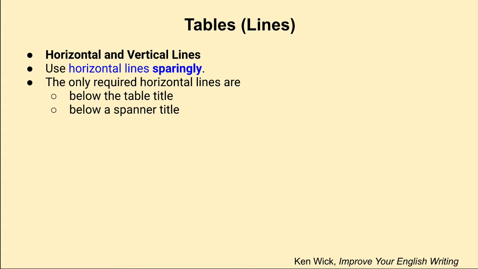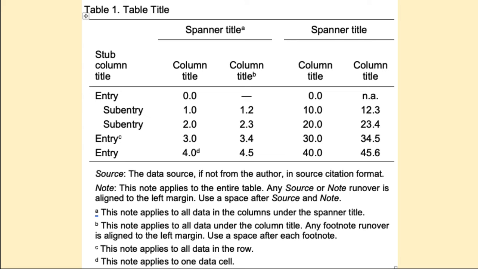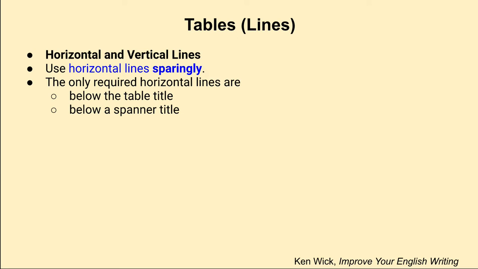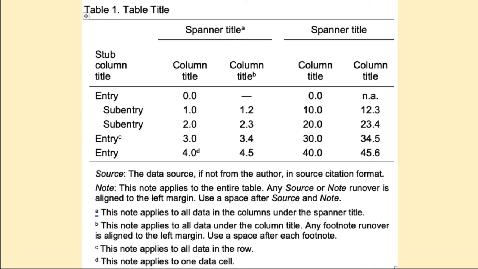Below a spanner title, so here's a spanner title, this here. Below a column title. So here's a column title. We just continue this whole horizontal line because these are all column titles, so it's just one solid line, only required below a column title.